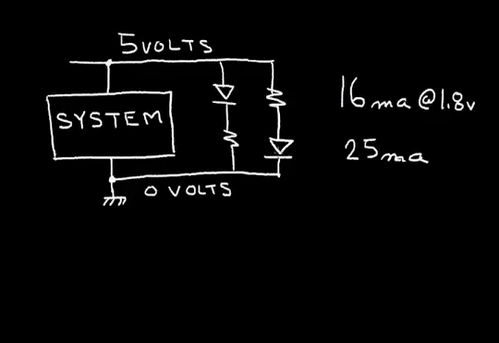Either way should work, and this has perhaps a very slight disadvantage in that I have a little higher voltage at the LED. Here I have 5 volts, and here I have a little less than 5 volts. In this case, my LED has a cathode at ground, so it's a little lower voltage.